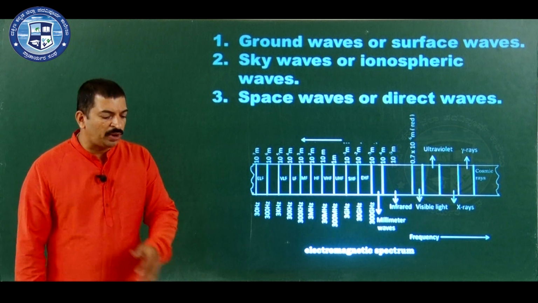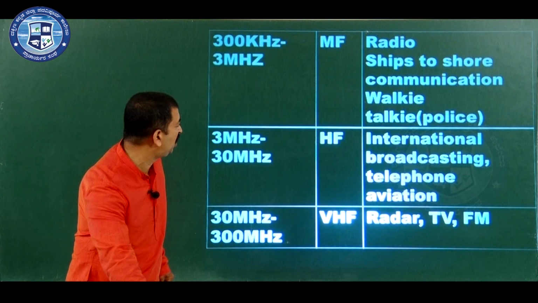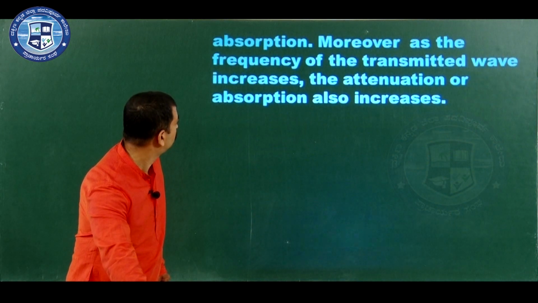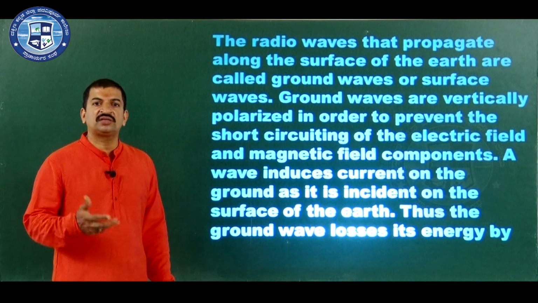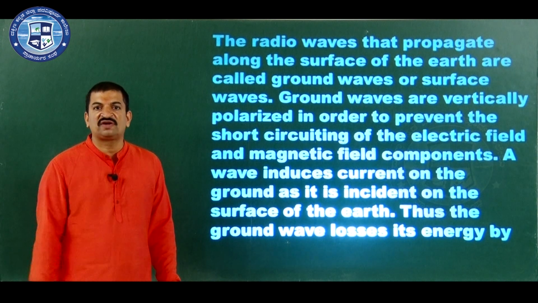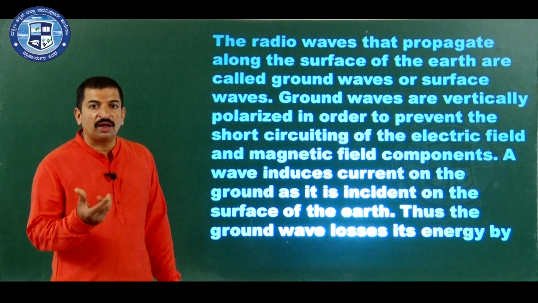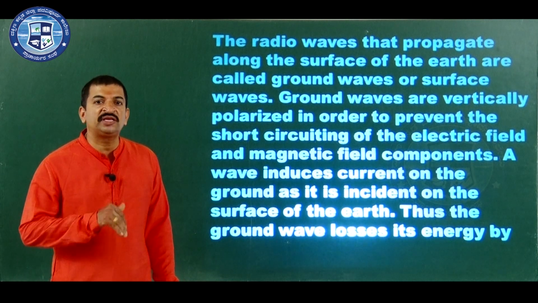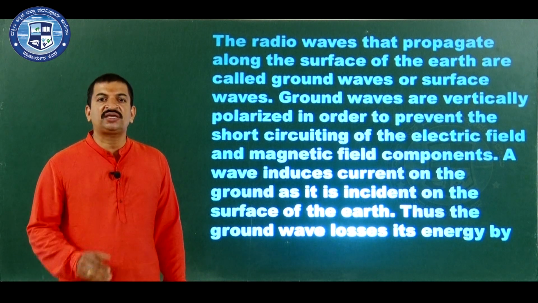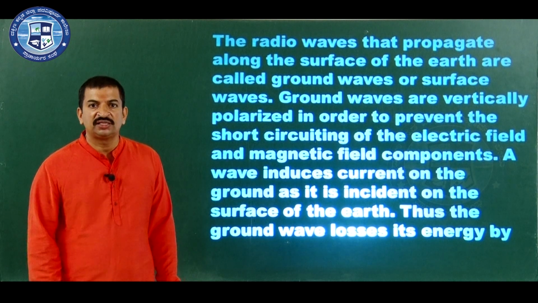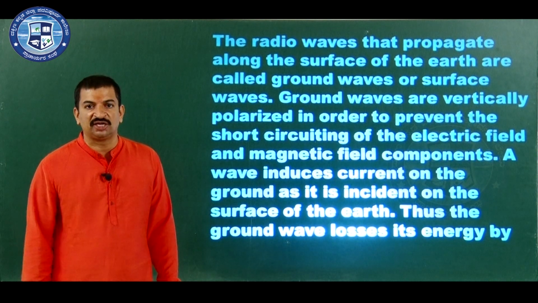As the ground wave propagates along the surface of the Earth, the Earth absorbs most of its energy. Moreover, attenuation or absorption increases with increase in frequency. As the transmitting frequency increases, the absorption also increases.